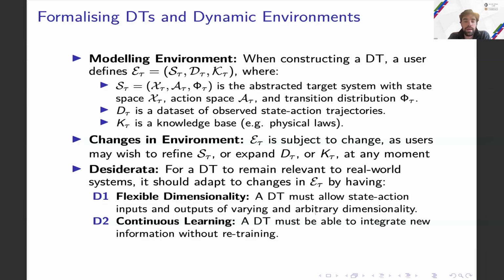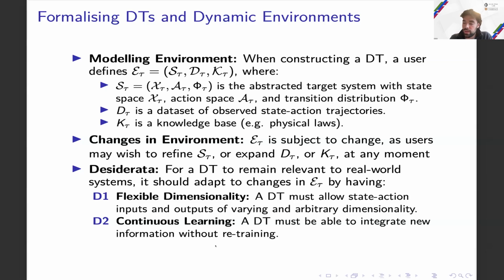And it can also be not in the form of data, but in the form of knowledge, e.g., if we're modeling some mechanical system, there may be physical laws that we know what to expect in terms of dynamics and things of that nature. And when we want to construct these digital twins of complex real-world systems, this modeling environment can be subject to change whenever a user wants to redefine the abstraction S, or expand the information bases D or K that we are using.